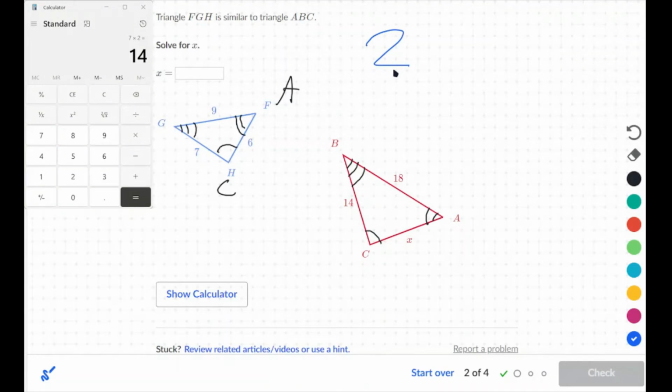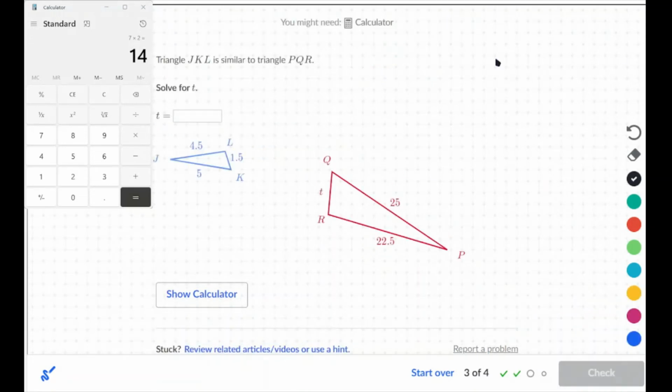And if you want to check again, 9 times 2 equals 18 also. So yeah, 2 is definitely the answer. So we take 6 times 2, and that equals x. And now we see that 12 equals x because 6 times 2 equals 12. Let's check.